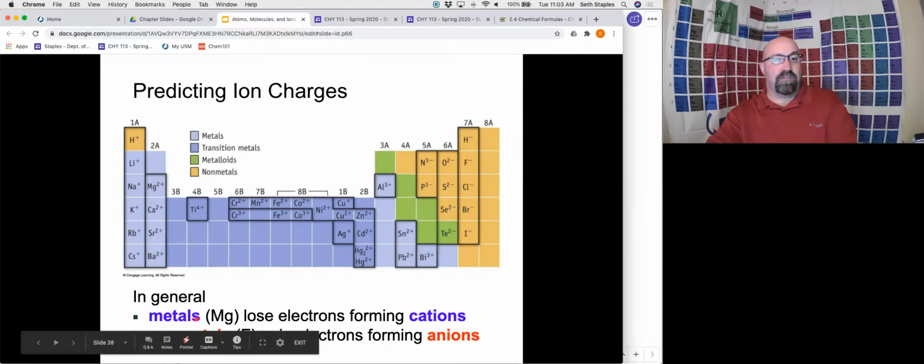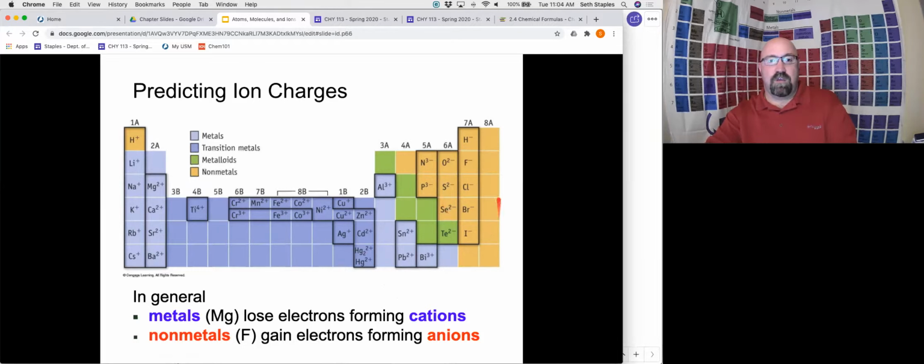And so metals, in the case of what we looked at in the last slide, like magnesium, are going to lose electrons to form cations. Whereas nonmetals are forming negative charges here. Nonmetals are going to gain electrons and form negatively charged anions.